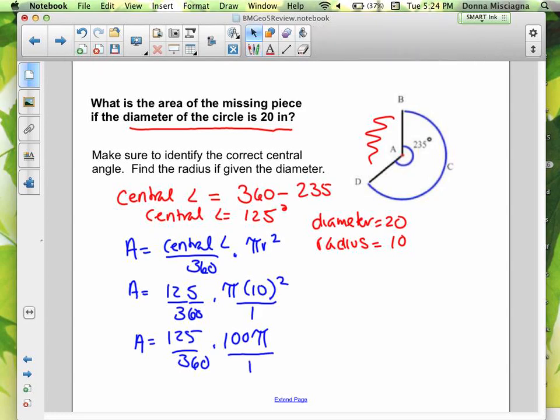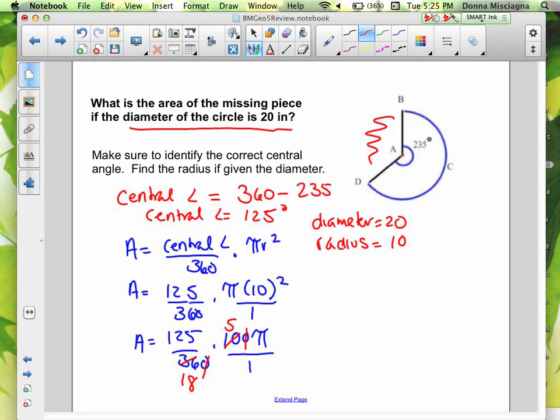And then we can reduce. We can cancel out the 0. Remember, you always reduce numerator to denominator. 10 and 36 are both even numbers, so we can divide by 2. So that would be 5, and that would be 18. And that's it, because 125 is not divisible by 3, 2, 6, 9, or 18.